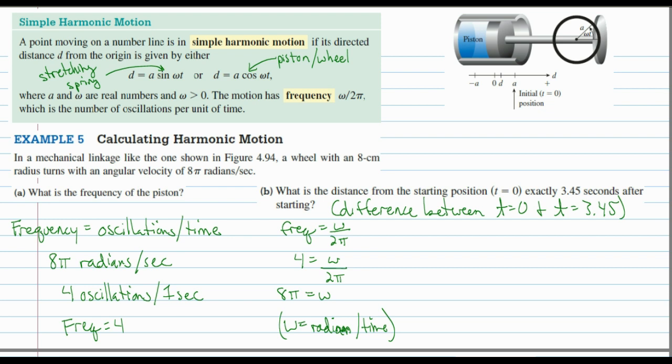Just like the sine curve will stretch from 1 to -1, this wheel, if it's got an 8 centimeter radius, will push the piston 8 to -8. So I'm going to change the amplitude to 8, which means the A value is 8.